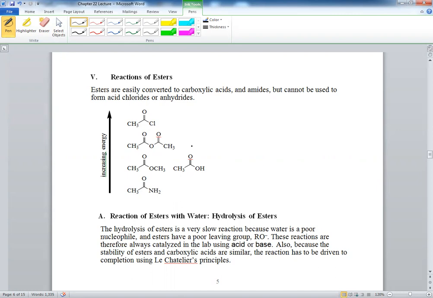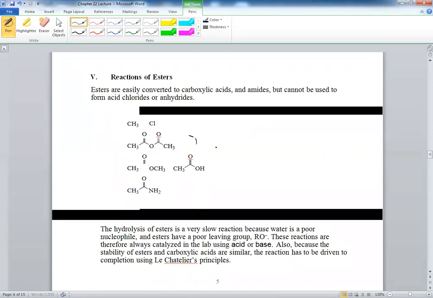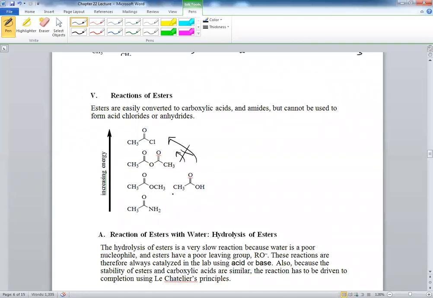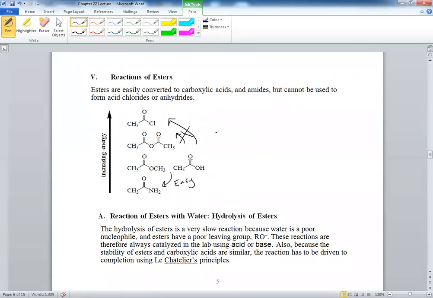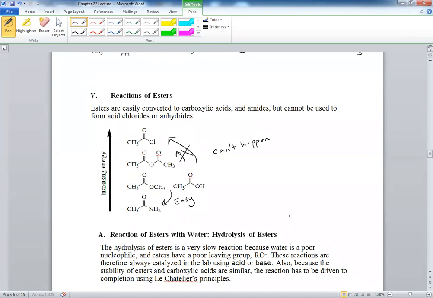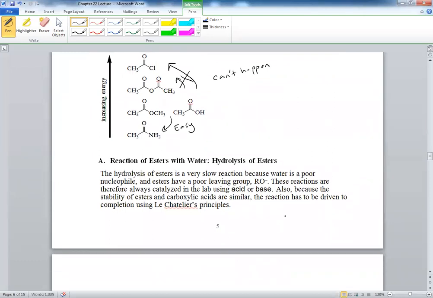Here's your ester, it can't go this way. But this is easy. So again, this can't happen unless you have, once again, special conditions.